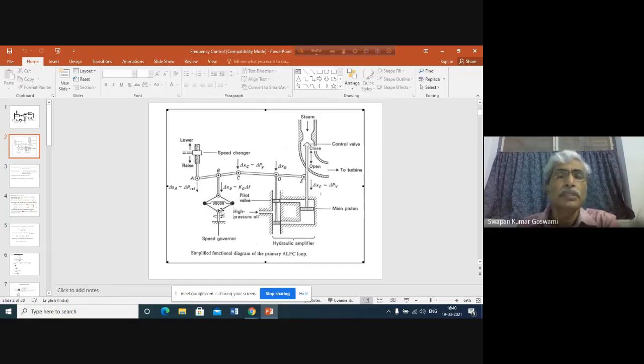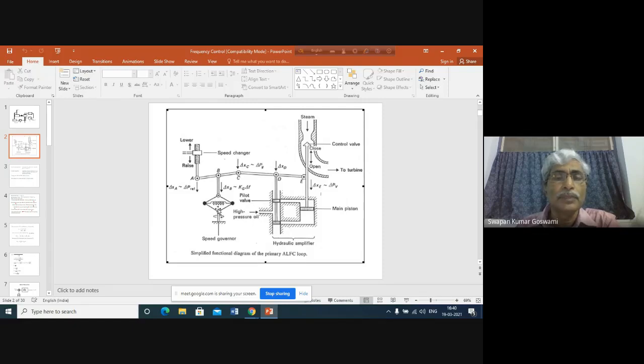At synchronous speed, the tension on the spring corresponds to the synchronous speed, and this determines the position of the point B here, because these rods are connected in this fashion. They are pivoted at this point and at this point.